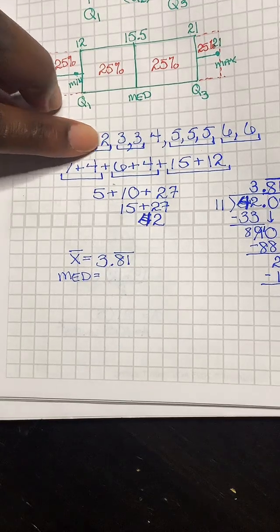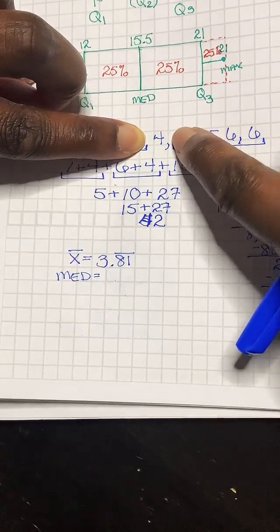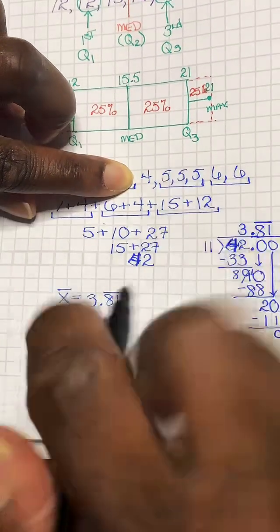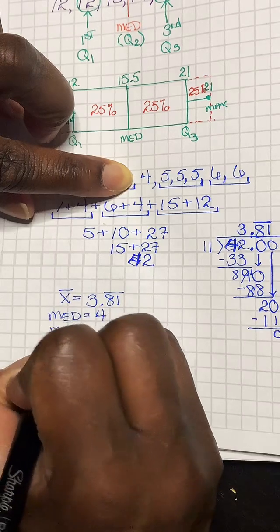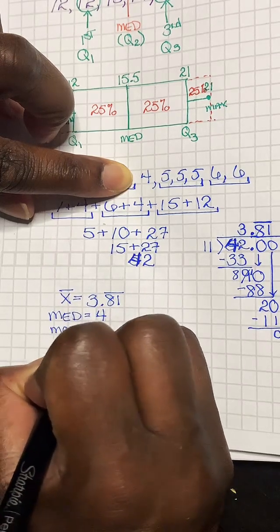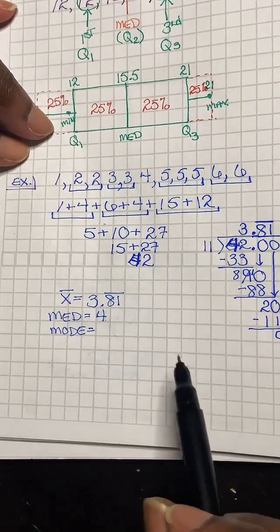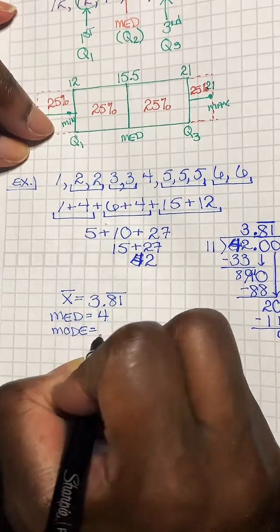So you got 1, 2, 3, 4, 5. 1, 2, 3, 4, 5. So our middle number is 4. Now for the mode, which one repeated the most? Good, everyone. Good job, guys. You don't need me.